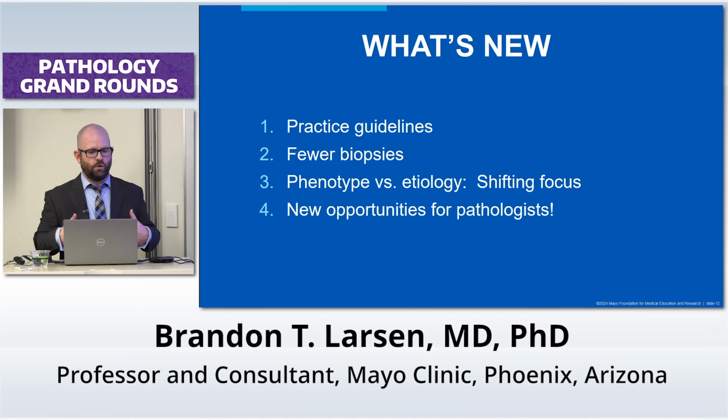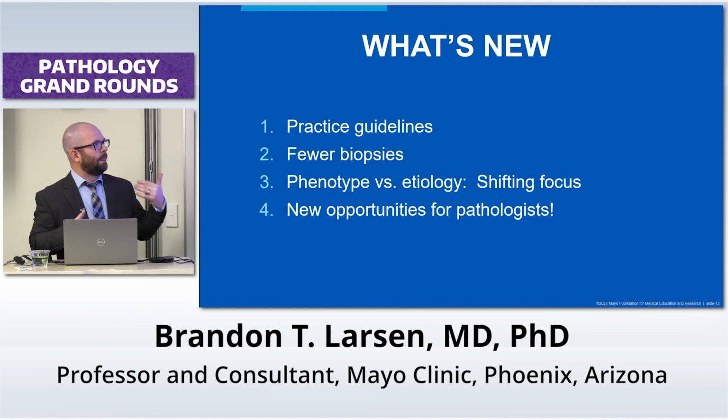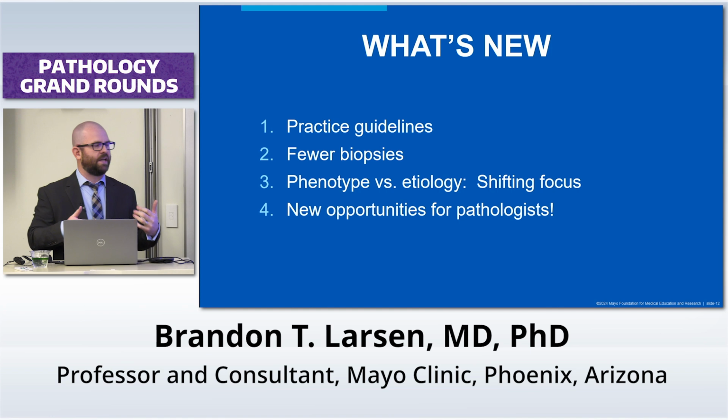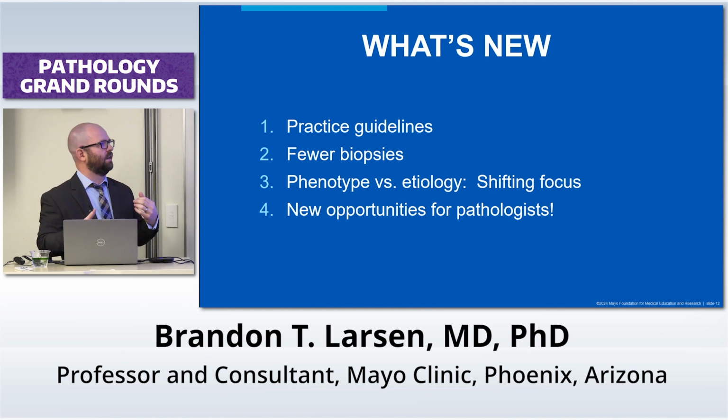So what's new for pathologists, and how does it relate to these problems? This is going to be what I cover here today, just to offer some food for thought. I'm going to start out talking about where we are with practice guidelines and some of the problems with practice guidelines and limitations and how I think we ought to be thinking of these guidelines.